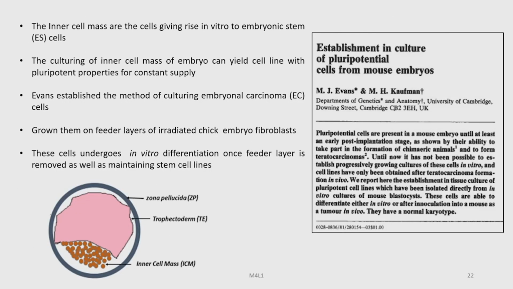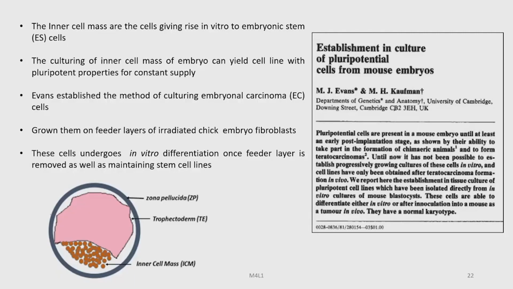These inner cell mass cells are the cells which give rise to in vitro embryonic stem cells. The culturing of inner cell mass of embryo can yield a cell line with pluripotent properties for constant supply.